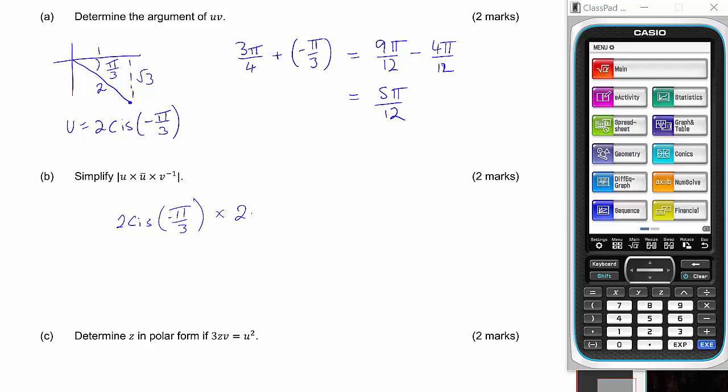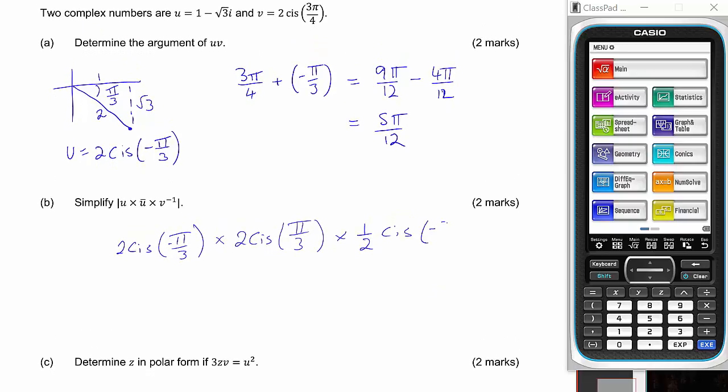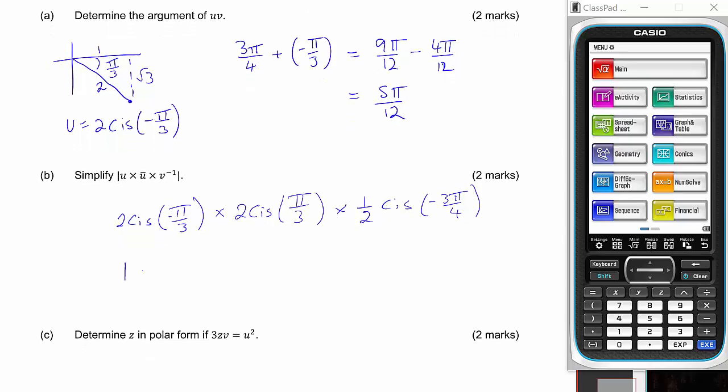The conjugate of that would be 2 cis pi by 3, and then the reciprocal of v would be a half cis negative 3 pi by 4. We don't need to worry about the argument. So basically that's just 2 times 2 times a half, which is 2.